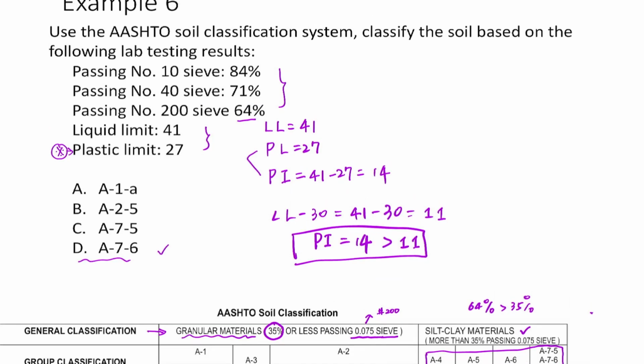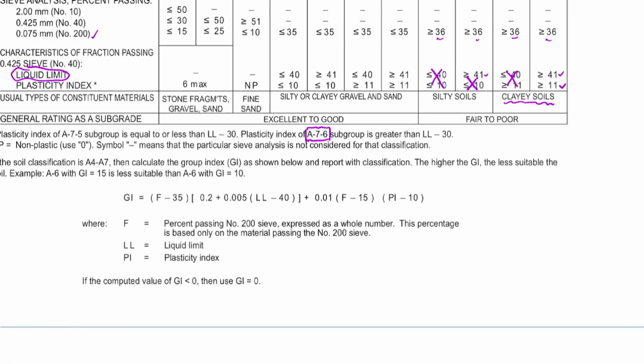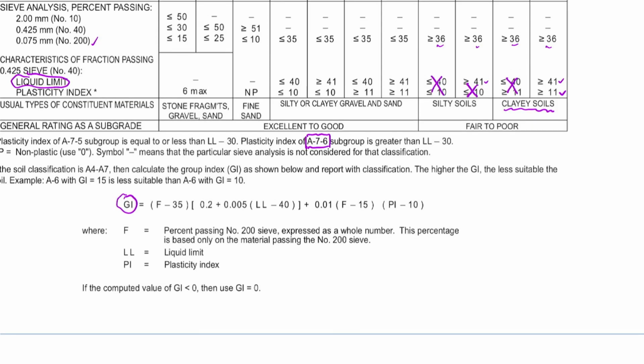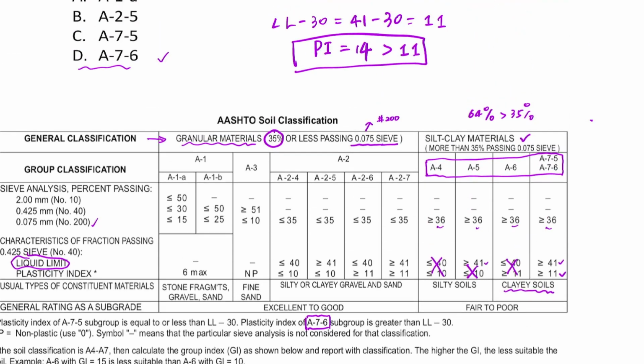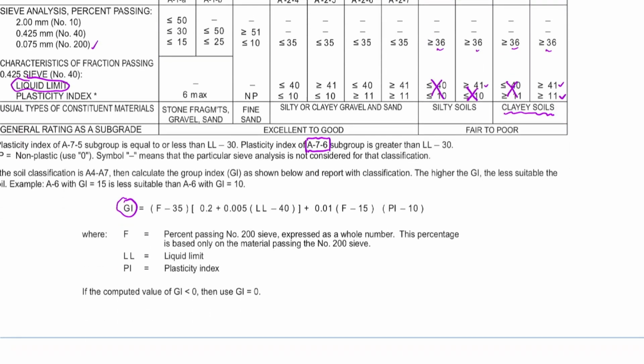Of course, this one is pretty straightforward. It does not require you to calculate the GI, but you should know how to calculate it as well. GI is the group index, and sometimes we put a little GI here just to further classify the soil. The GI is always a round number.